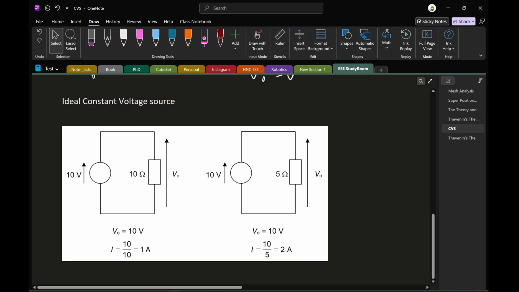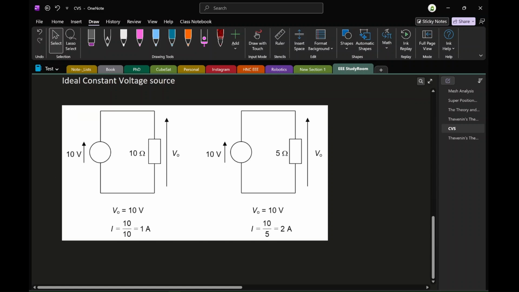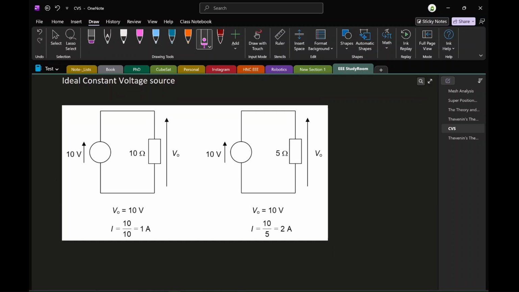Let's now take a look at a small example that demonstrates this practice. We have two situations that both have a voltage source set to 10 volts, but the resistances, in other words RL, are 10 ohms and 5 ohms respectively.